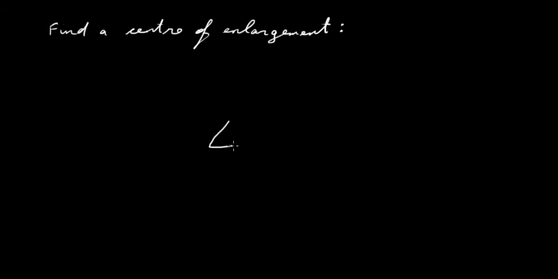Let's take this one and let's take its image. Let's say it looks like that. Not quite right, but you get the idea. You want to find the center of enlargement here. So what you do is, let's say this is A, B, C. So this is going to be A dash, B dash, and C dash here.